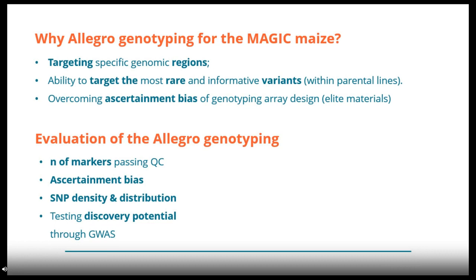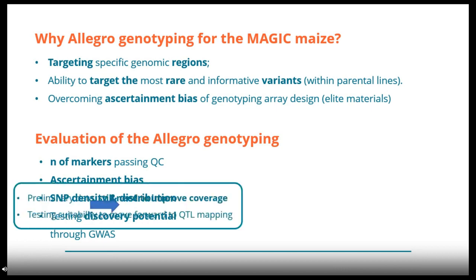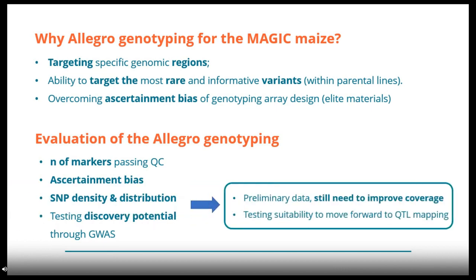Not QTL mapping, because we still need to produce more sequencing data, and after that we need to produce a genetic map, which is still lacking. So we need to improve the coverage, and our aim today is to test the suitability of these data sets to move forward with QTL mapping.